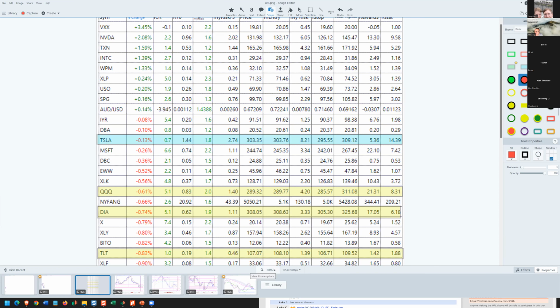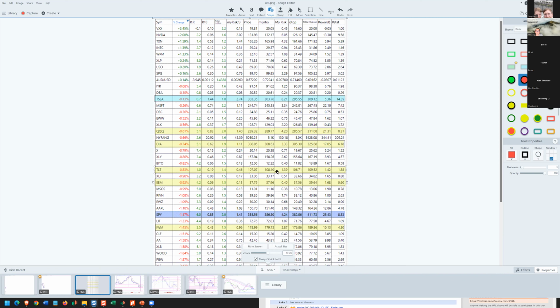Let's take a look at what worked today. Again, here's the baseline of the S&P, minus 1.17. Here's the cut line between positive gains, negative losses.